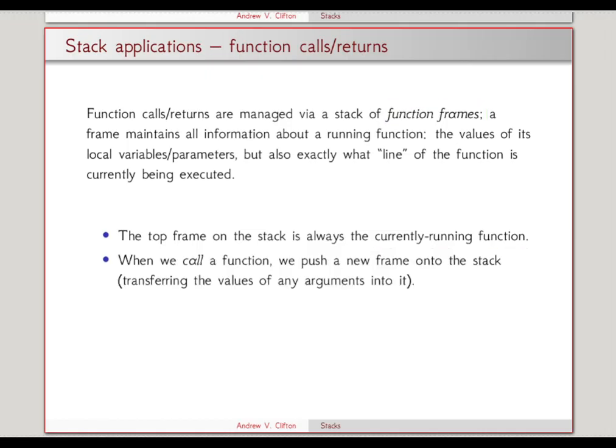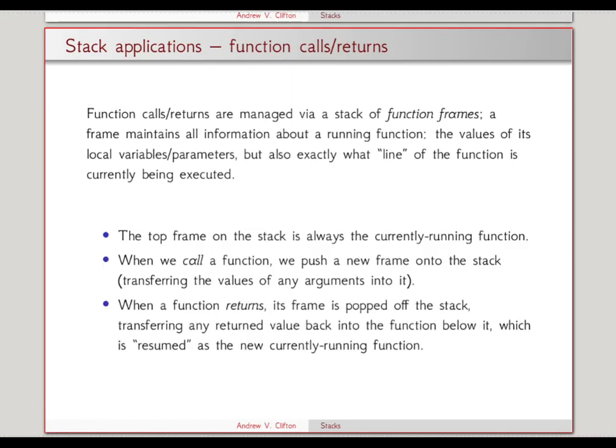When we call a function, we just push a new frame onto the stack. We send it whatever arguments we want it to have as new parameters. And because it becomes the new top, it immediately becomes the currently running function. When a function returns, we pop its frame off the stack. And because it pops off, the thing below it immediately becomes the currently running function.